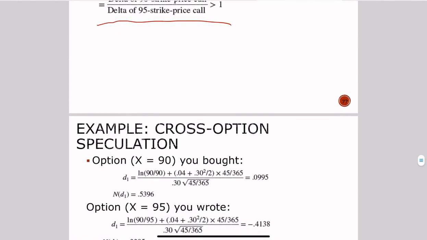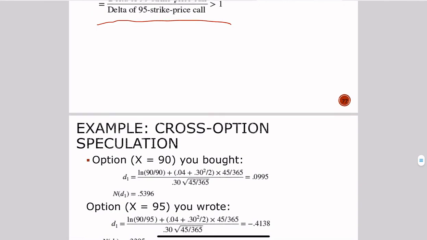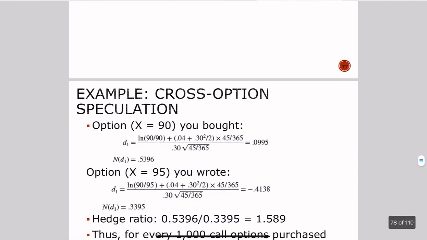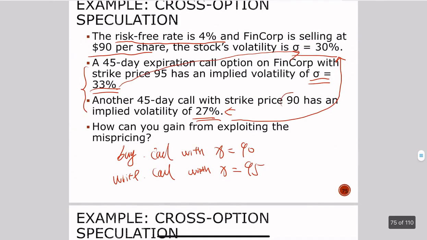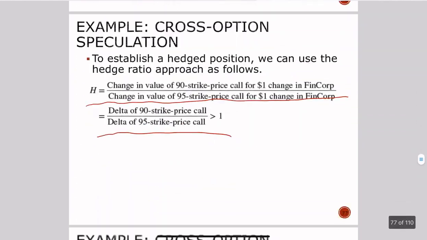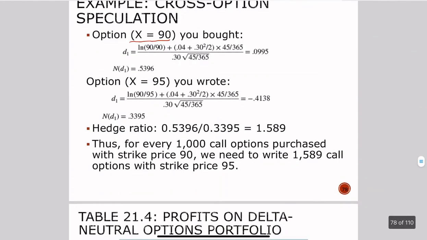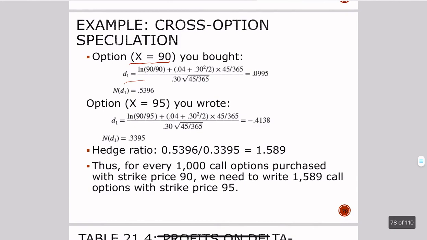So let's look at the first option, the option with a strike price of 90. Remember, this is the option with lower implied volatility, so you will take a long position in this option. And then we can find d1 here.